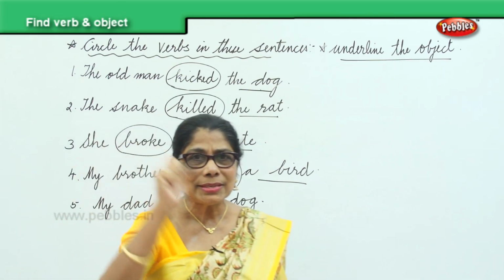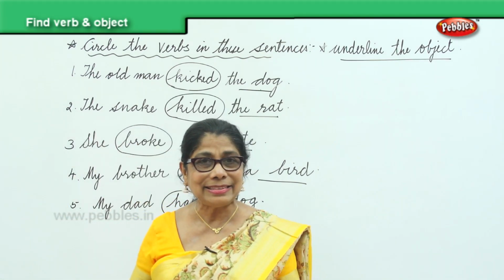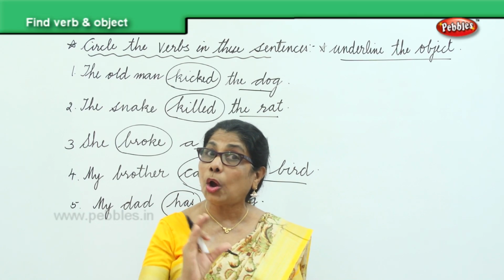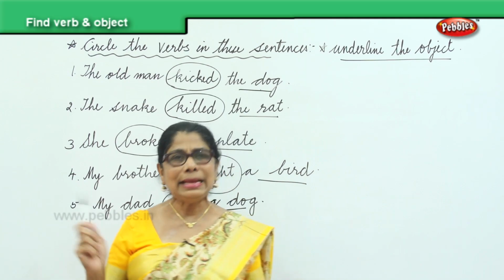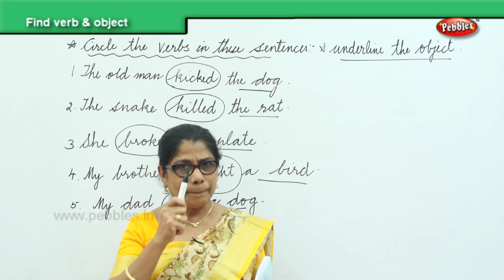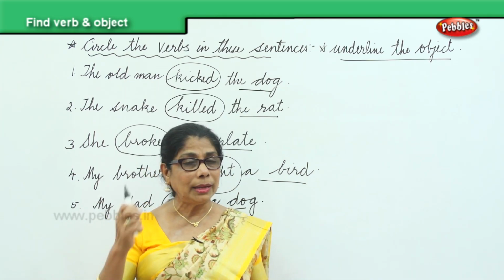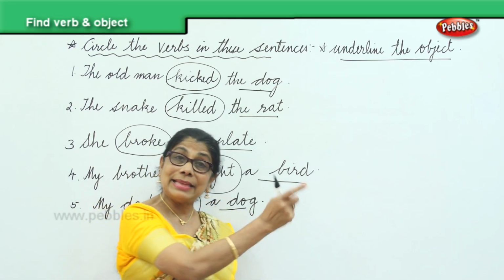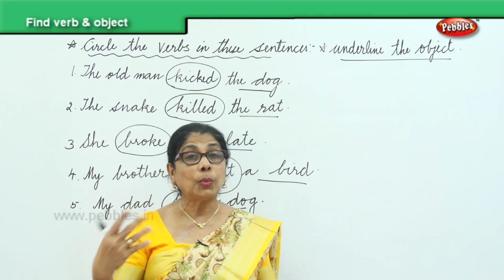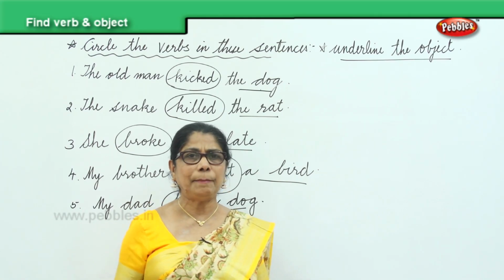So now, we learned to circle the verbs in these sentences. We learned to underline the object. What else did we learn? A sentence is a group of words that makes complete sense. It begins with a capital letter. It ends with a full stop, question mark or exclamation mark.